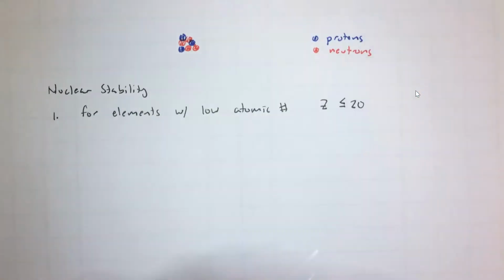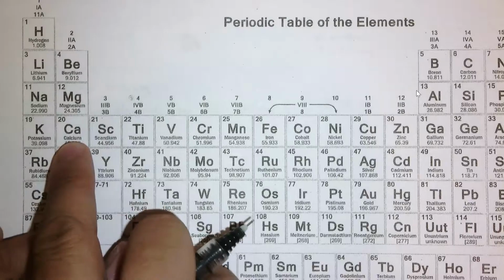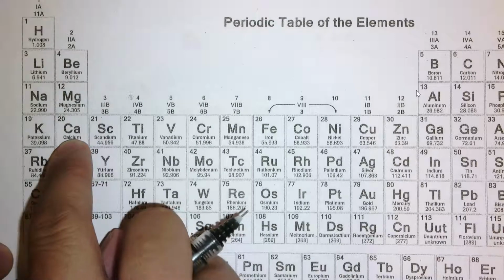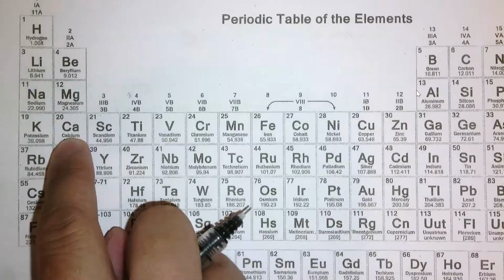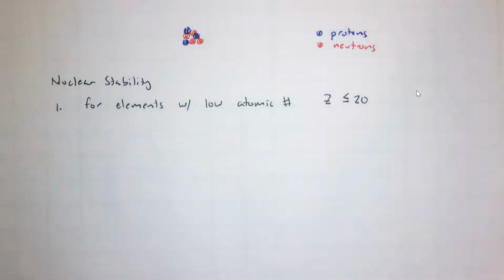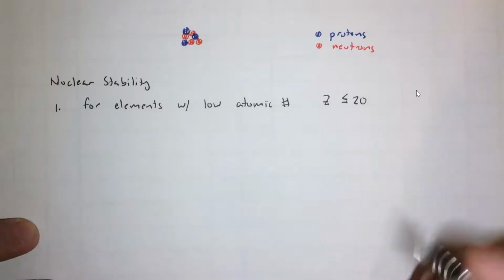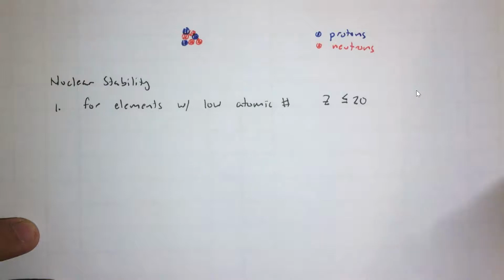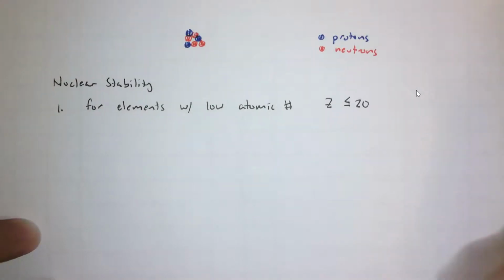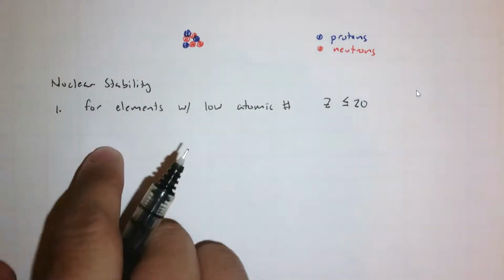Let's take a look at the periodic table real quick. So elements that are here, there's 20 protons. 20 or less are going to have nuclei that are stable if the neutron to proton ratio is close to 1. Let me write that down for you.